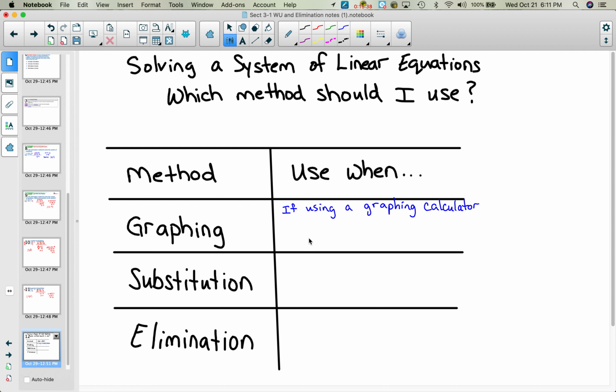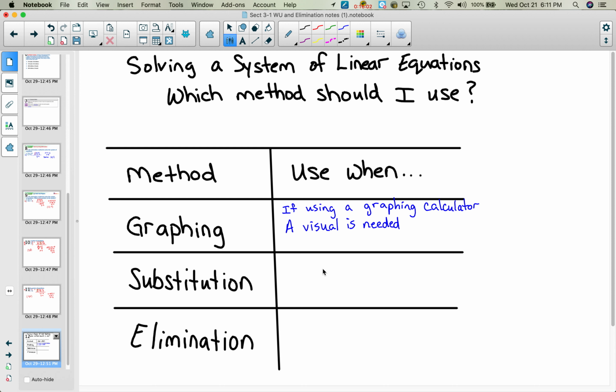I probably am not going to do graphing unless it was a problem like the bike problem or the phone plan problem where a visual is needed, like in a story problem. If it adds a little bit of context to the problem, then it's kind of nice to graph.